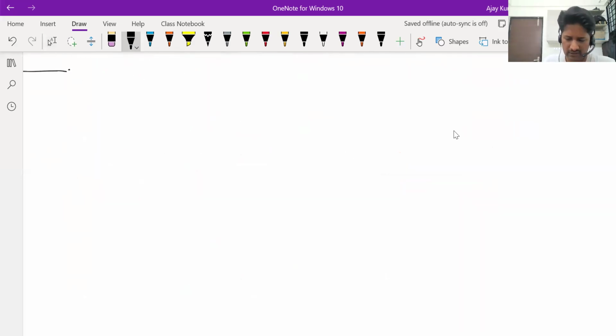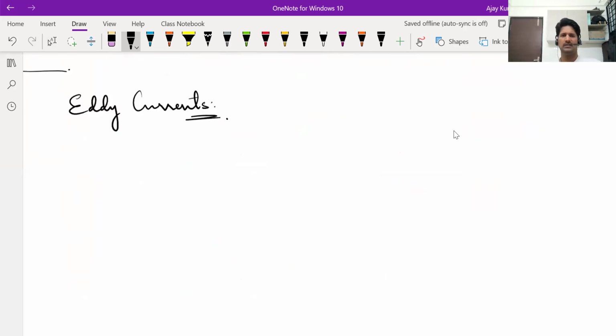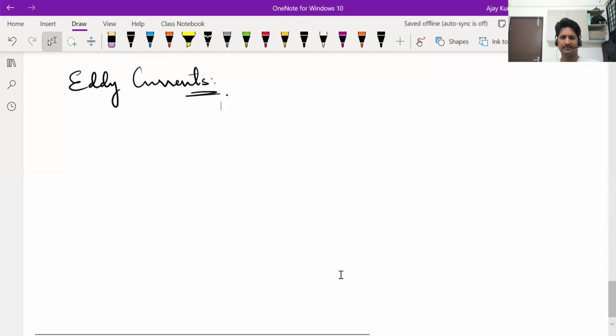Next, one thing we didn't discuss is eddy currents. Any idea what these are? What is eddy current?